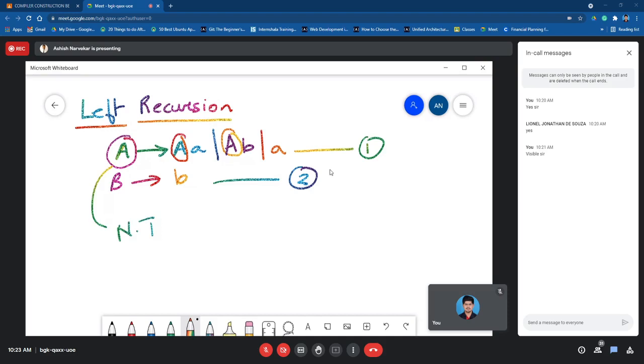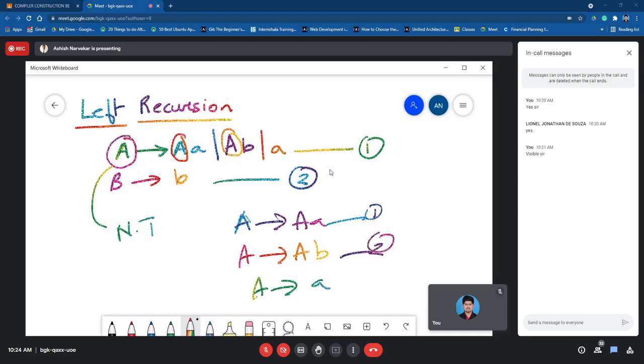And on the right hand side, if you split up this rule, A derives AA, A derives AB, and A derives A. So in 1 and 2, whatever non-terminal is there on the left hand side is appearing as the leftmost symbol on the RHS of the given production. Okay. So this is in a way nothing but left recursion.